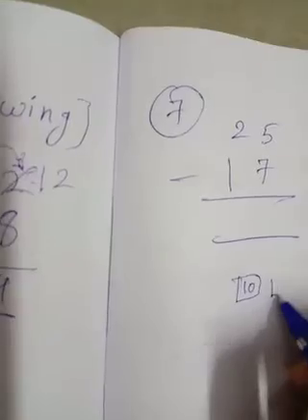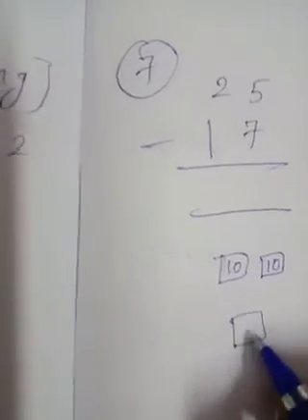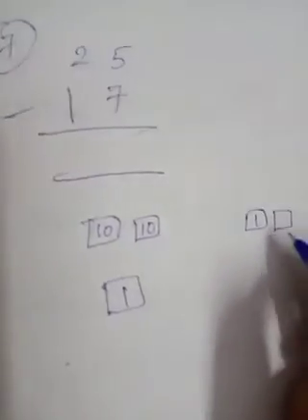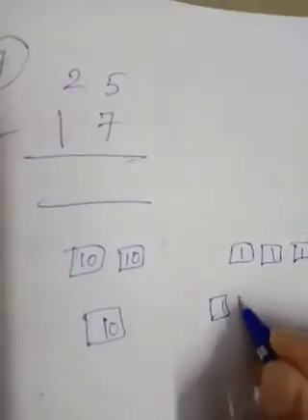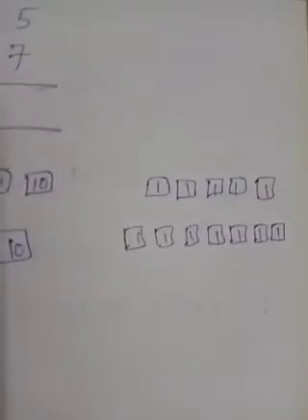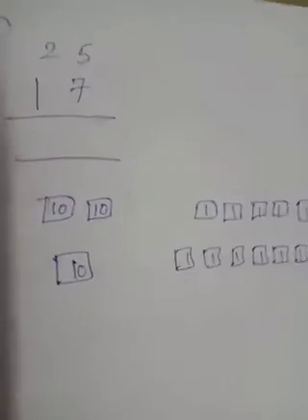How many ones? 5 ones: 1, 2, 3, 4, 5. So here 7 ones: 1, 2, 3, 4, 5, 6, 7. 7 ones. So is subtraction possible here directly?